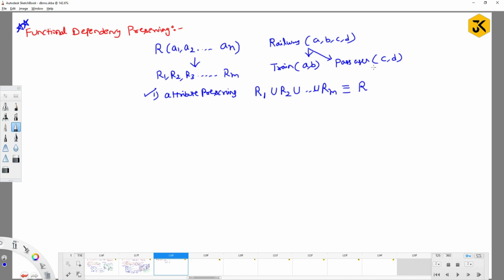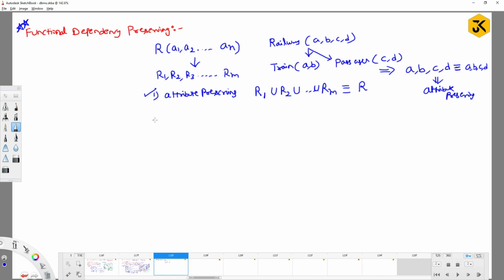It is going to be attribute preserving. By simply taking the attributes of the train relation and the attributes of the passenger relation, if these two together are equivalent to the actual relation A, B, C, D, then I can say that this decomposition is attribute preserving.